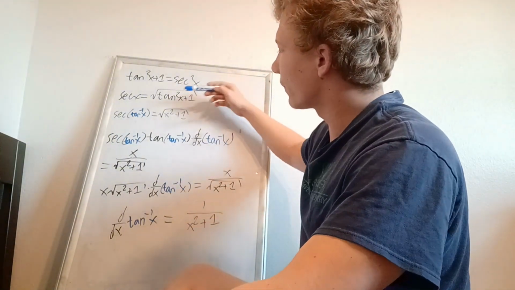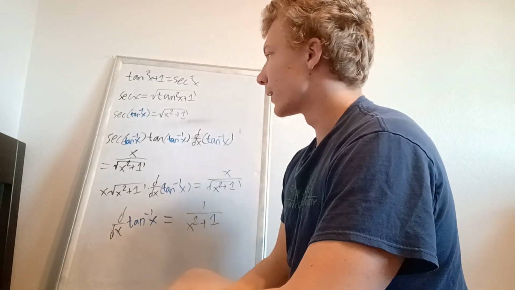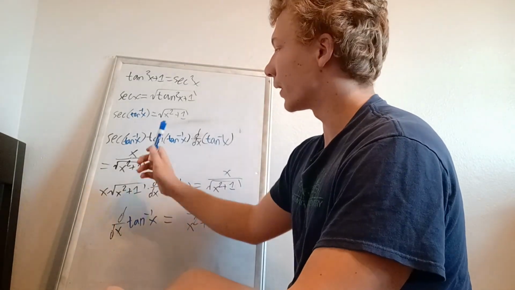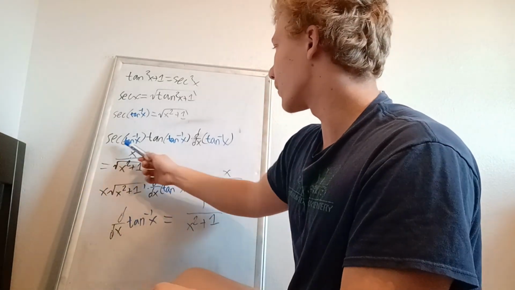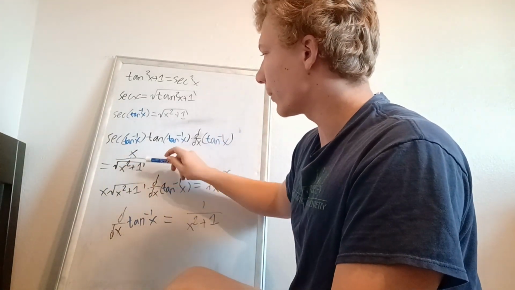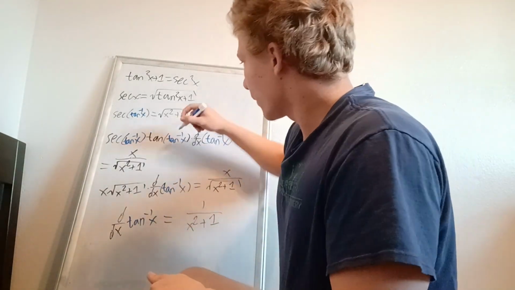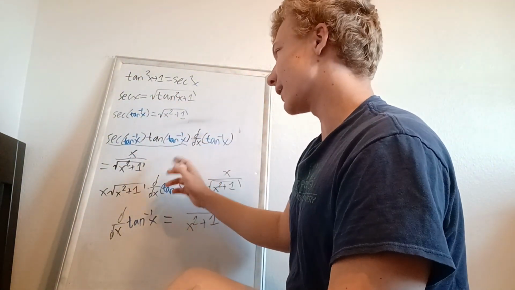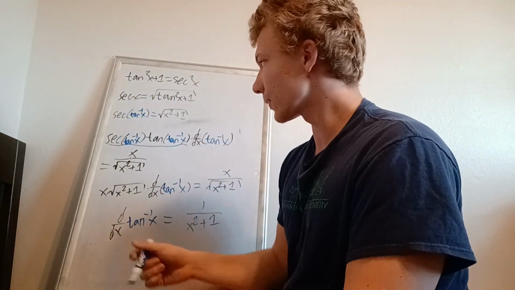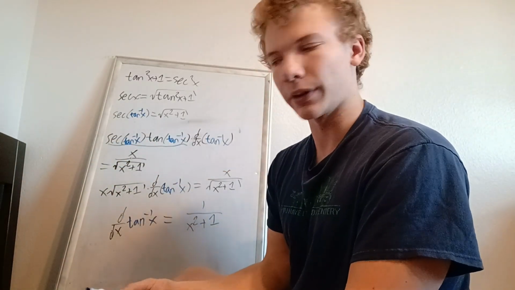Following the same processes that we've been using thus far, we get an expression for secant of arctangent x as square root of x squared plus 1, taking the derivative of both sides. On the left, the derivative of secant is secant times tangent, so we get this expression, and then on the right, we'll get x over root x squared plus 1. Now, this all simplifies. Tangent of arctangent x is very simple, that's just x, but this secant of arctangent x, well, that's weird, right?